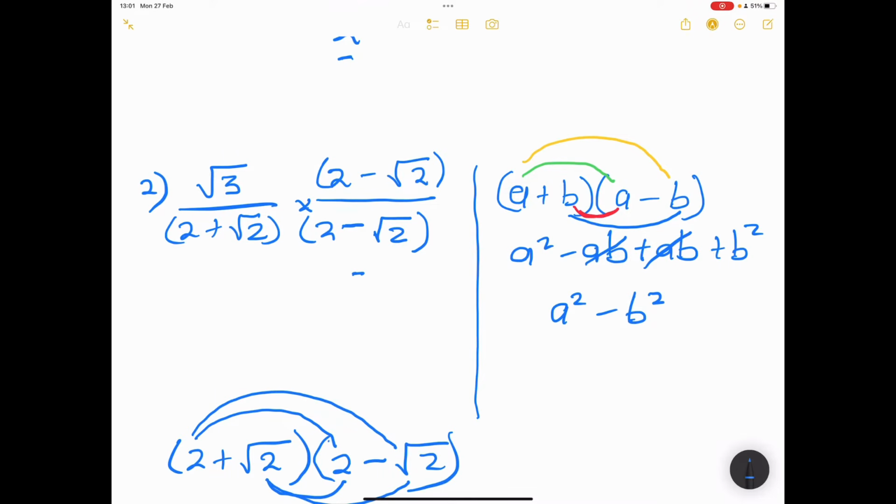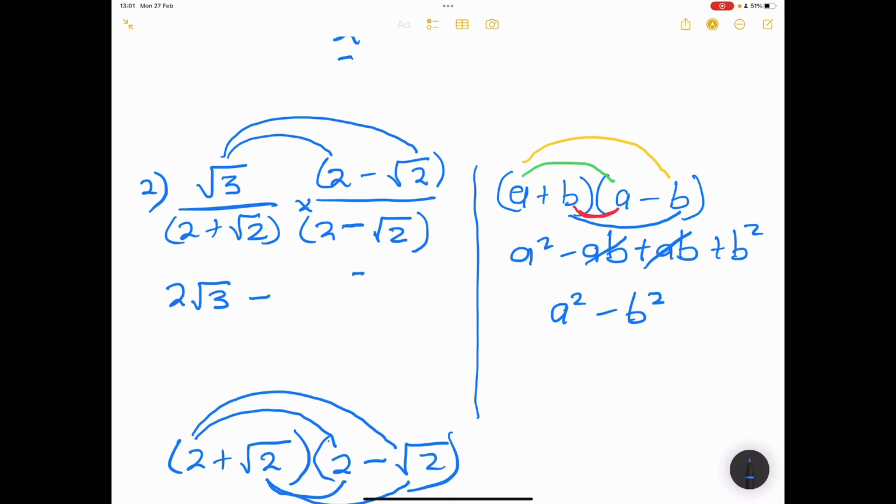Okay? Right, now, what am I going to do? At the top, I've got root 3 multiplied by 2, which will give me 2 root 3. Okay, and root 3 multiplied by root of 2, right?